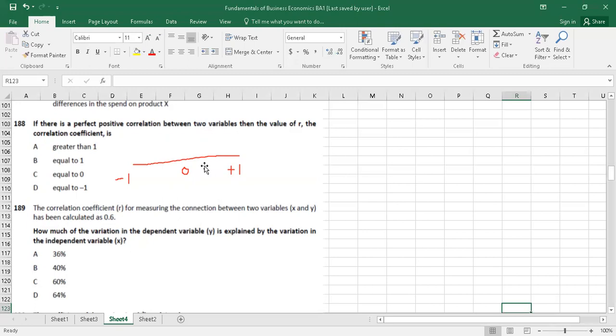But as it goes away from 1 and comes to 0, it weakens. So it indicates that there is no relation. -1 indicates that it is perfect, not positive correlation, it is negative correlation. That is, one variable increases, the other variable decreases. So for 188, I will write the answer would be B.